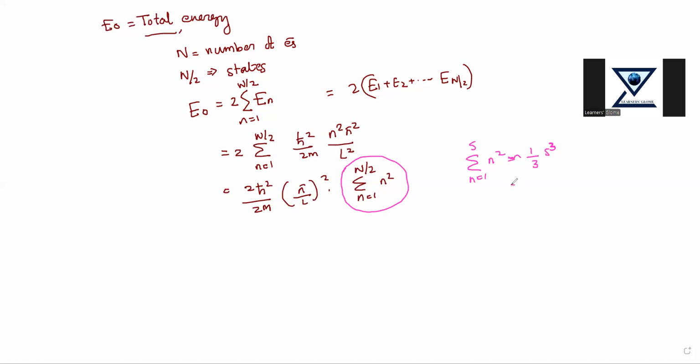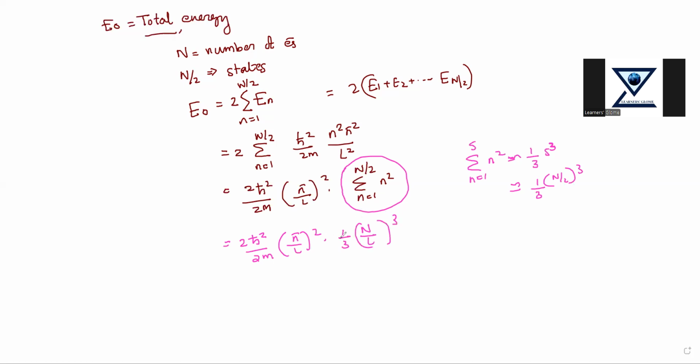Here our S is N by 2, so the value is approximately 1 by 3 into (N by 2) all cube. We can substitute this value here, and the expression is equal to 2 h bar square by 2m into (pi by L) all square into 1 by 3 into (N by 2) all cube.